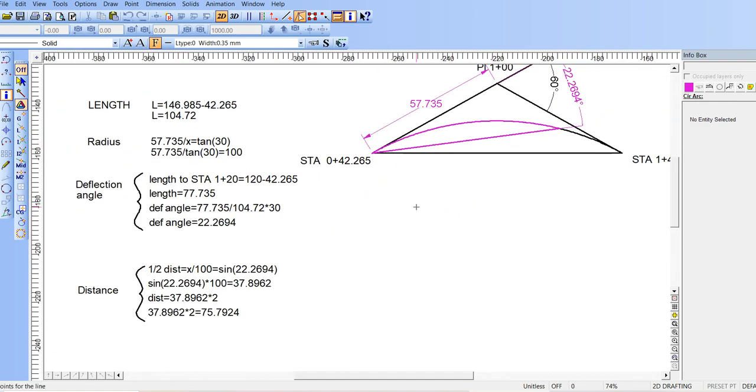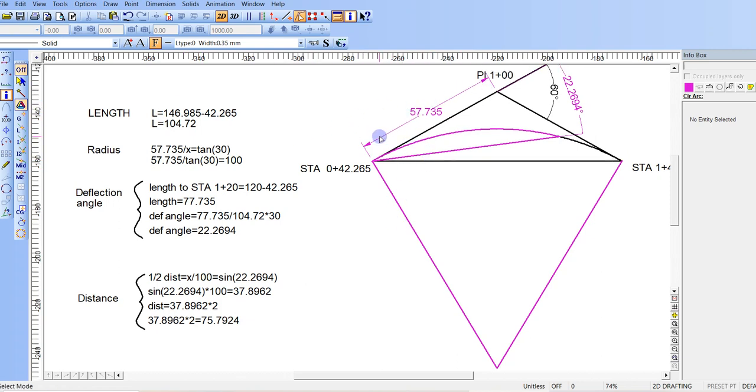Now we've got the deflection angle. Now we're looking for the origin, right? The distance. So you have to calculate this length here so that we can get more information. We're going to need the radius. So the radius is 57. What we have is the tangent and the angle.